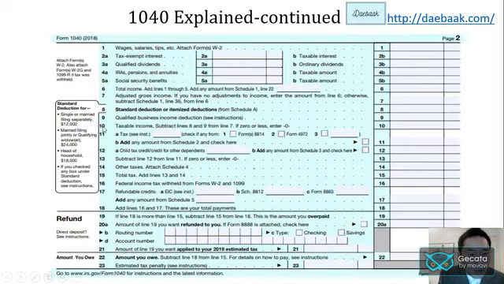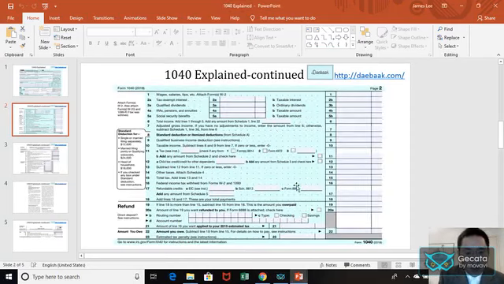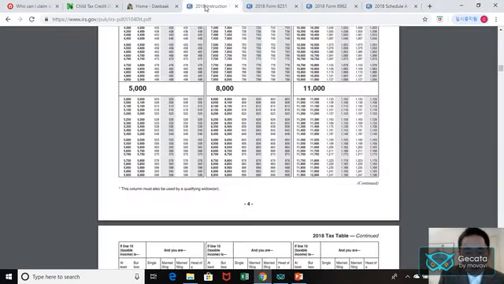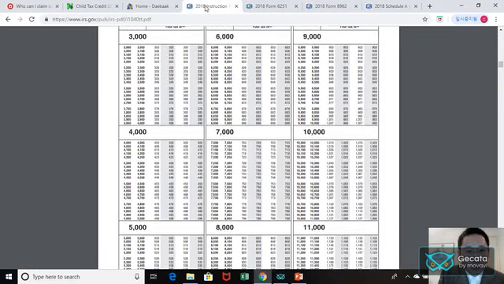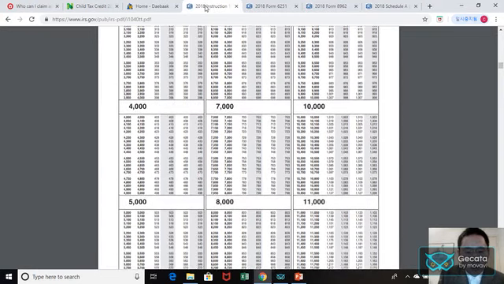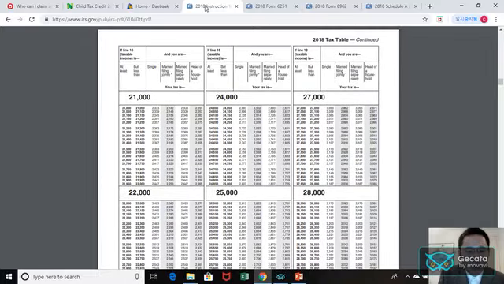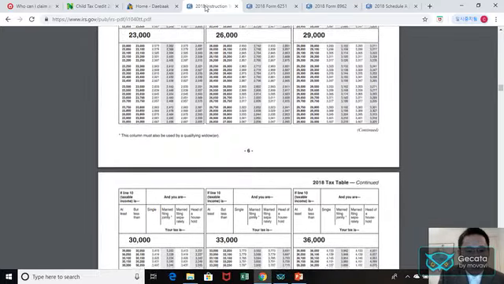So you will arrive at taxable income, which will decide your amount of tax using the tax table that I will show you. This is the tax table. This table will decide the amount of tax out of your taxable income.